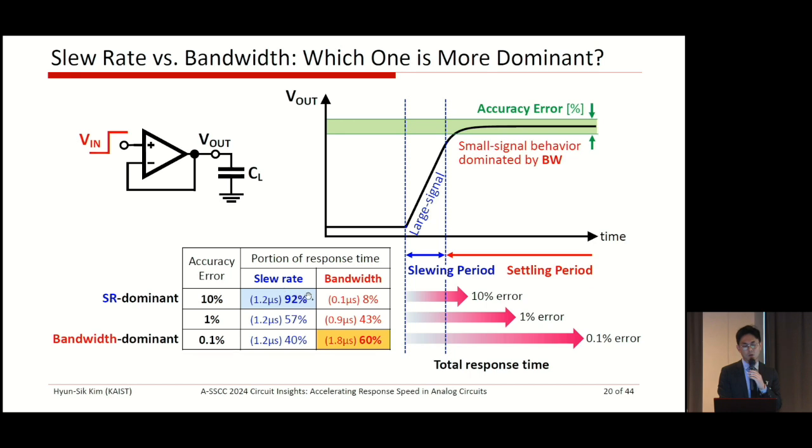If you aim at 1% error, the slew rate and bandwidth contributions are half and half. And if you want to achieve very accurate settling, then the bandwidth is more important, right? So as you can see, the slew rate also makes a non-negligible contribution in the transient response. So maximizing slew rate is very important.